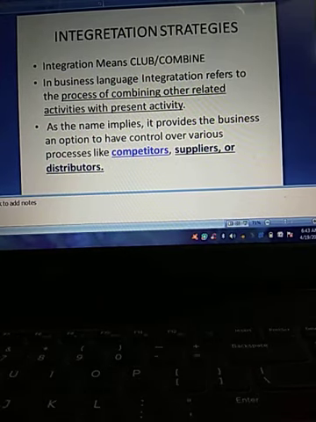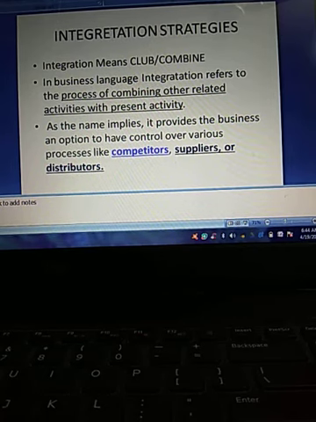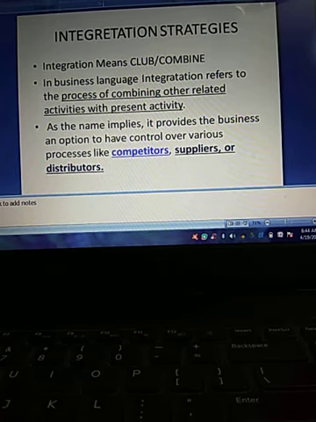The next strategy is the integration strategy. What is the integration strategy? Clubbing or combining various approaches. Through the combining of approaches, businesses sometimes gain control over their competitors, suppliers, and distributors.